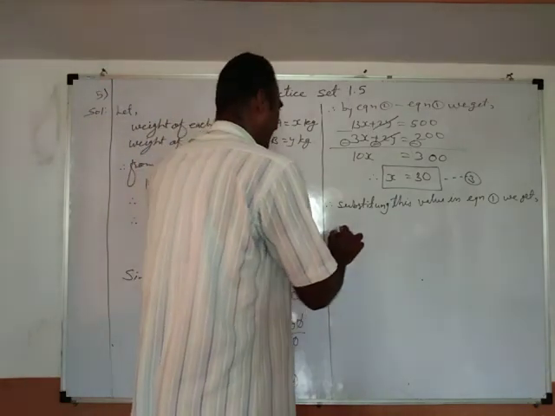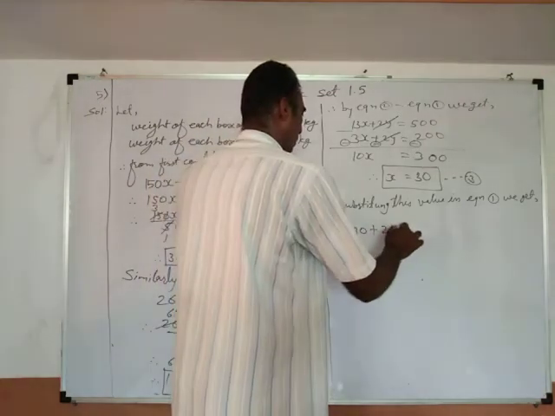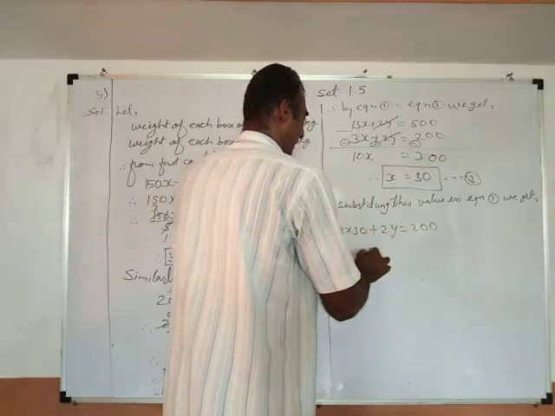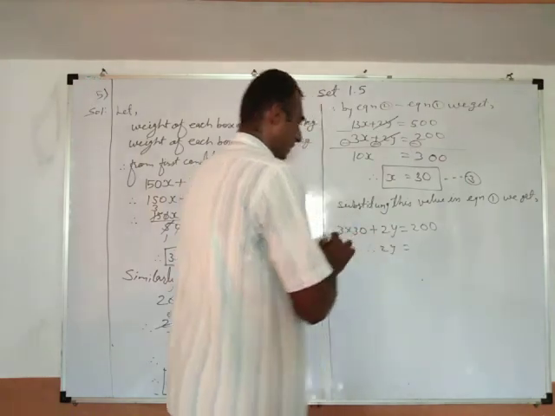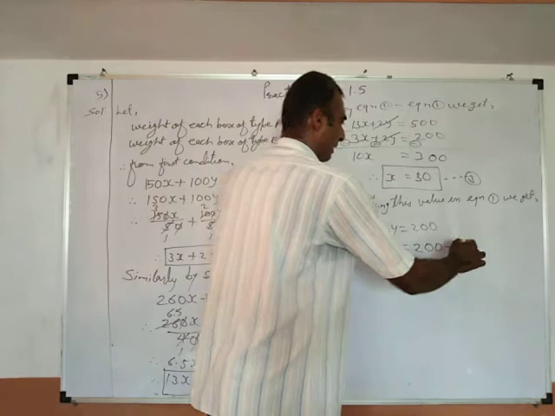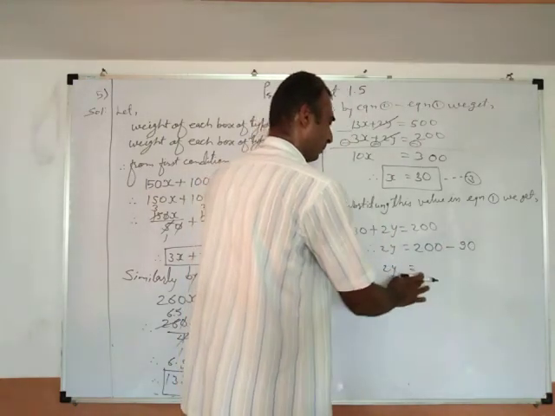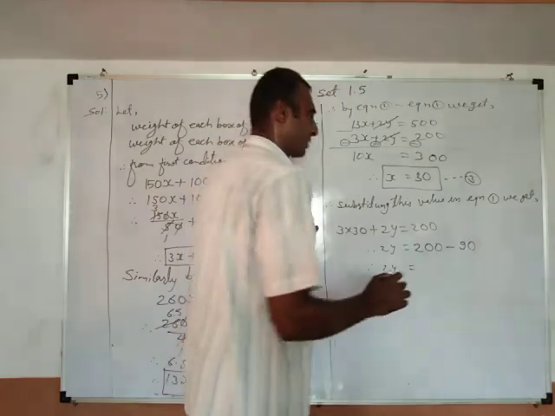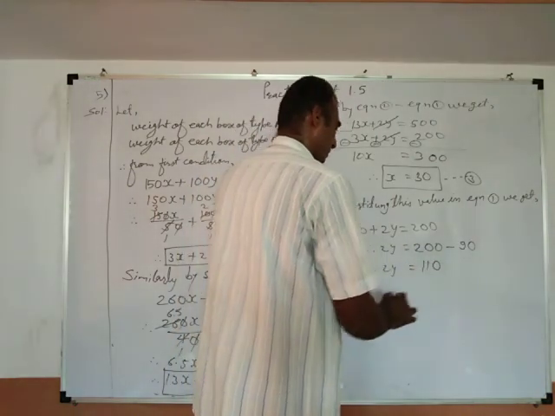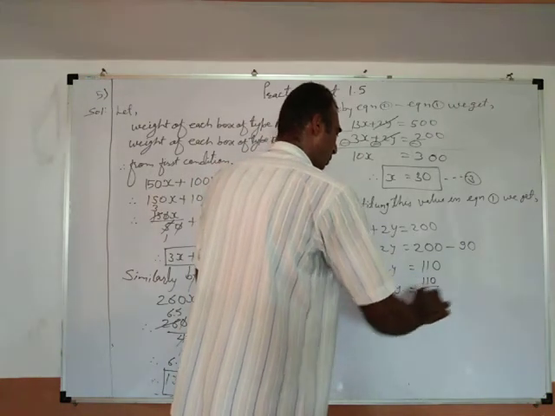Therefore, we may write it as 3 into 30 plus 2y equals 200, and therefore 2y equals 200 minus 90. 200 minus 90 gives us 110, and therefore y equals 110 upon 2.